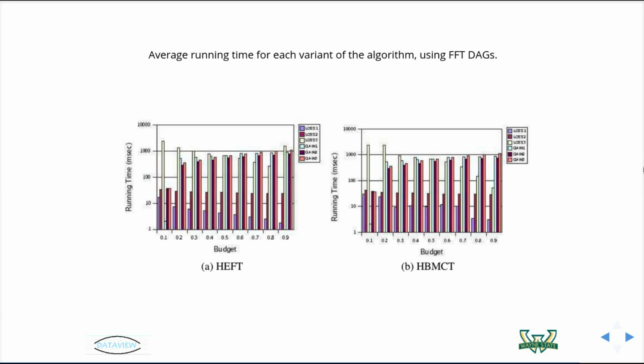And as we can see, the gain approach takes longer than loss. Also, the third variant of loss takes longer than the others because it involves recomputation of weights after each reassignment of tasks.